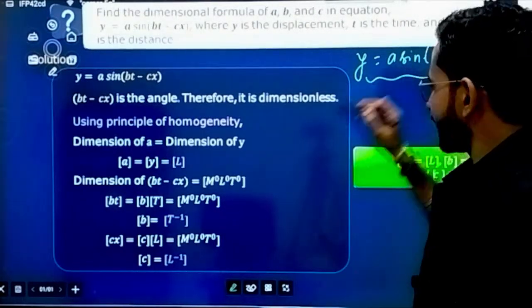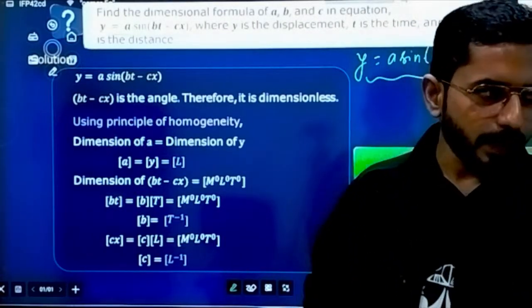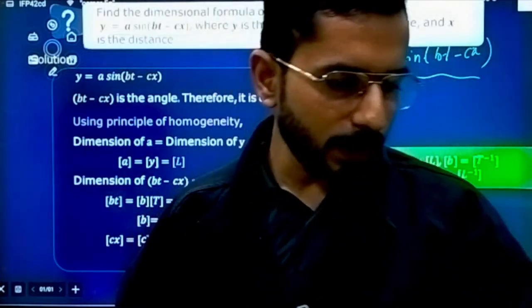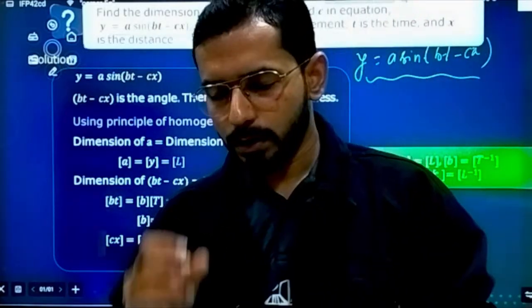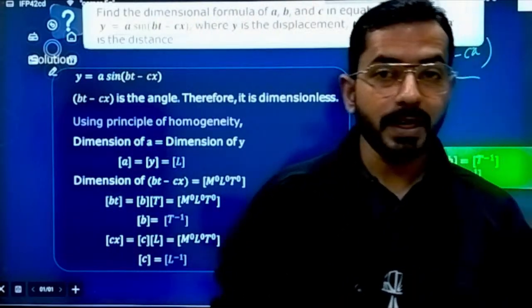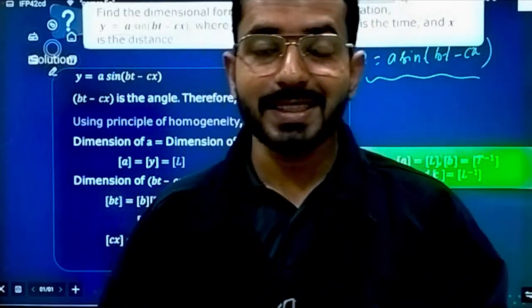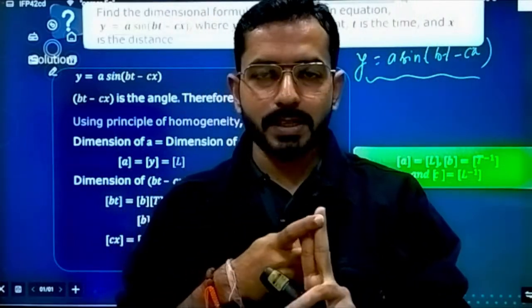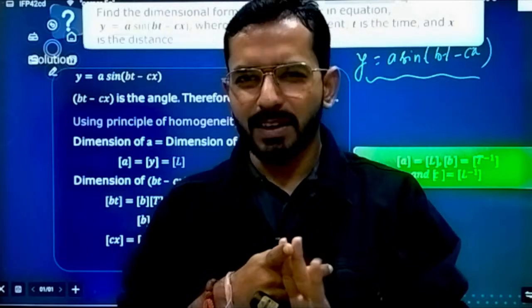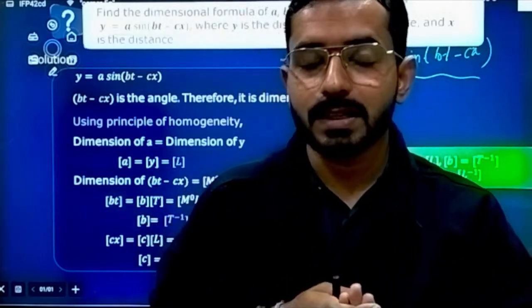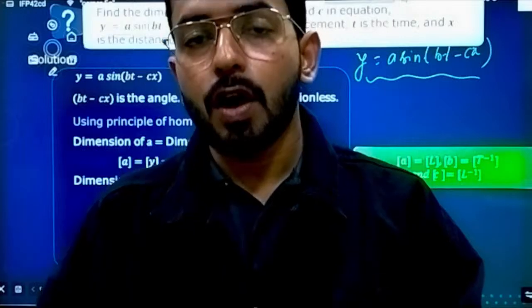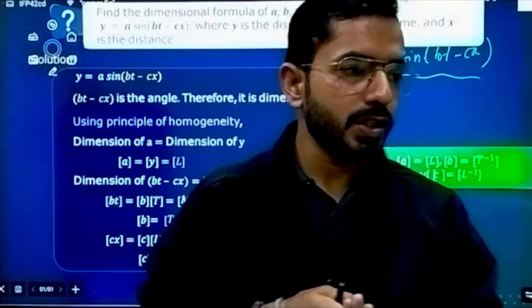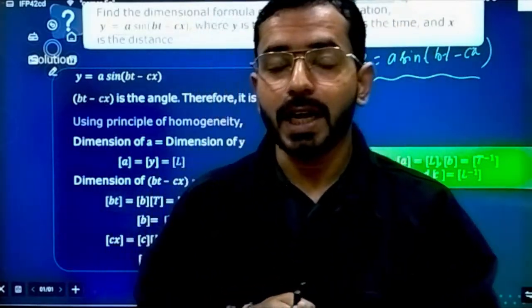Now a property that I am going to tell you, the second important property. The first important property I have told you is that all the terms present in a formula should have the same dimensions. Now the second one: terms like sin x, cos x, tan x, sin inverse x, cos inverse x, tan inverse x, log x, e to the power x, all these terms are dimensionless.